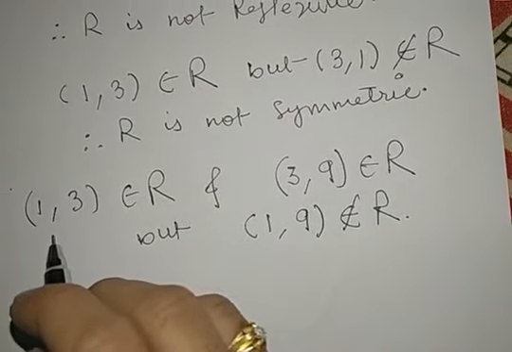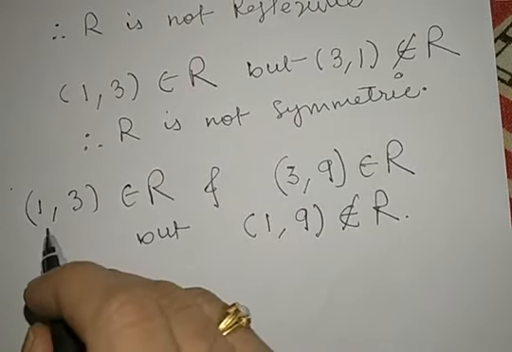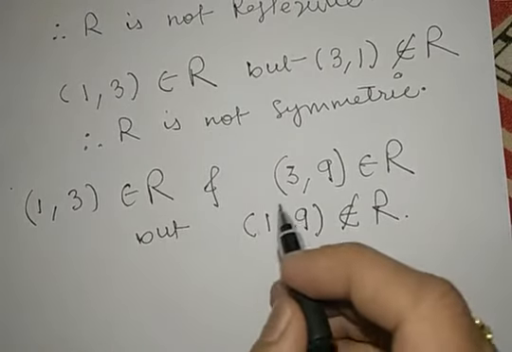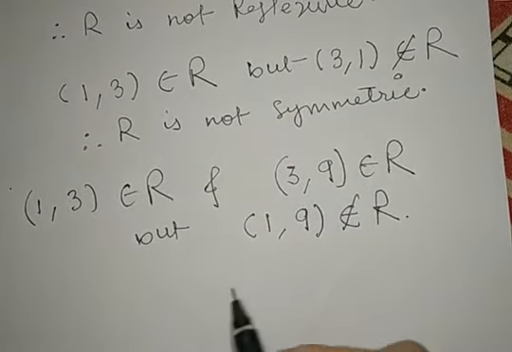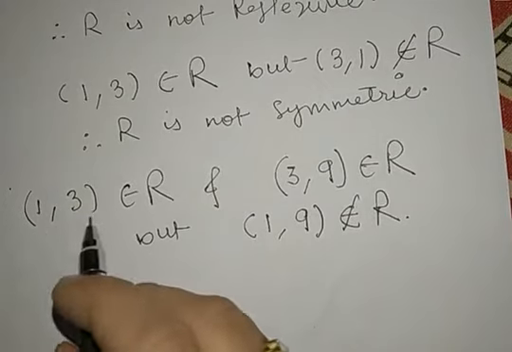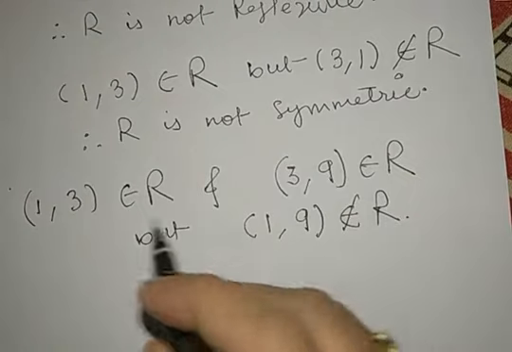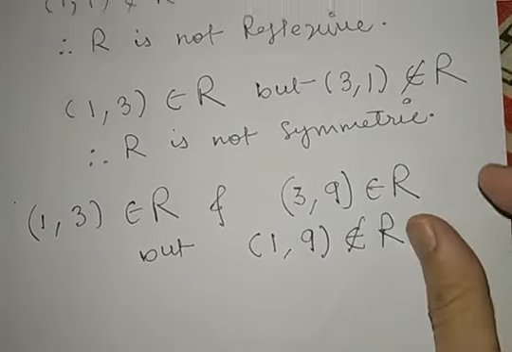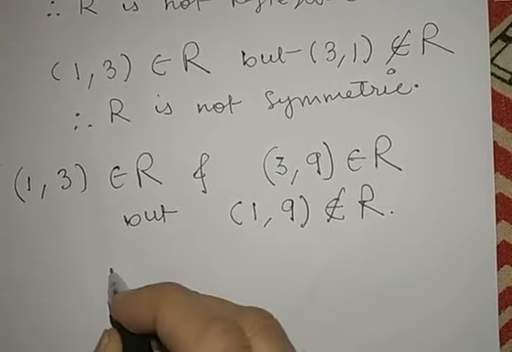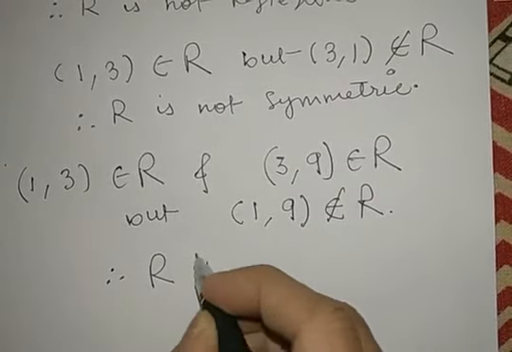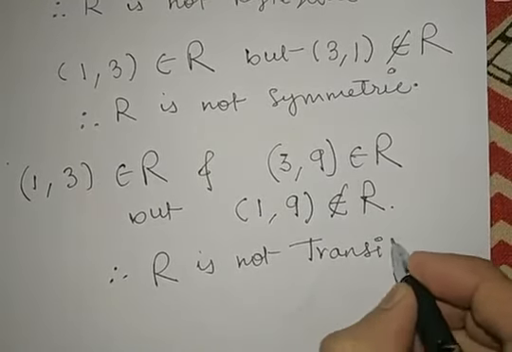So we say that R is not transitive. Why? Because if (a, b) belongs to R and (b, c) belongs to R, then (a, c) should belong to R. So if (1, 3) belongs to R and (3, 9) belongs to R, then (1, 9) should belong to R, but (1, 9) is not in the set R. So we say that therefore R is not transitive.